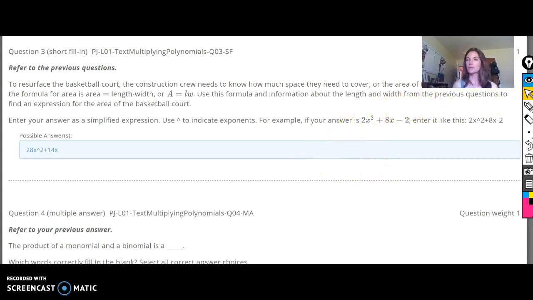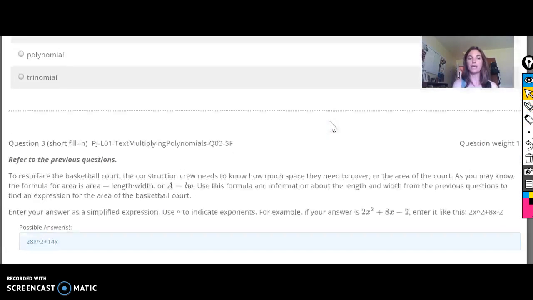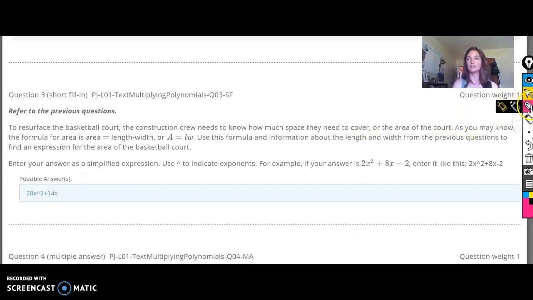Let's go ahead and write on here. We had 4x plus 2 and 7x. I'm going to multiply my length times my width, so 7x times 4x plus 2. When I do this, hopefully you'll remember from the lesson, I have to distribute this 7x through both terms in the parentheses.